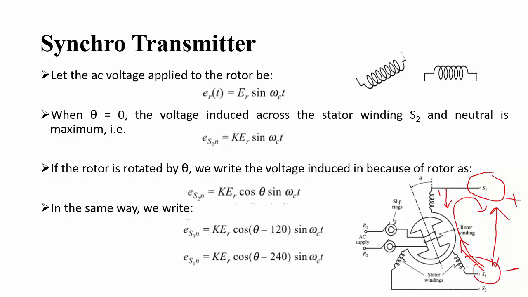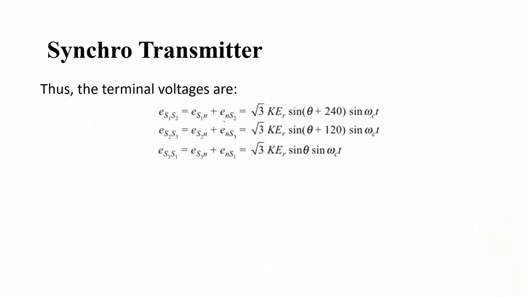If you apply KVL, you get Vs1s2 minus Vs2n minus Vns1. Taking this on the right-hand side, you will get Es1n plus Ens2, or this can be written as Es1n minus Es2n. They have the same meaning. So minus Es2n can be written as plus Ens2.